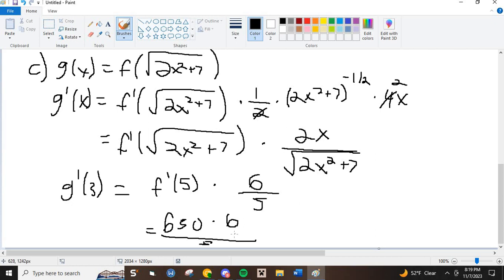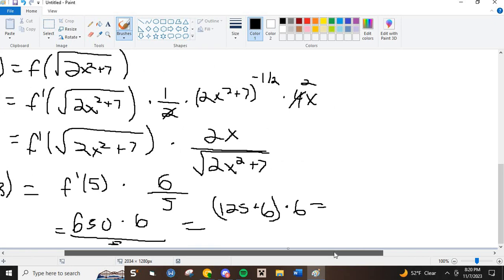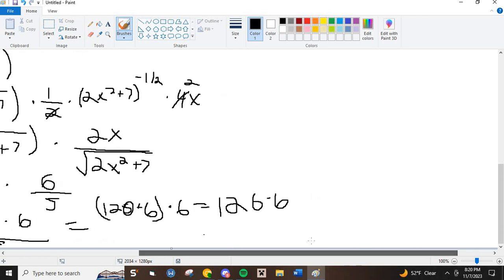Again, they don't let you use a calculator, so you're just going to have to do some arithmetic. 600 divided by 5 is just 120, and 30 divided by 5 is 6, which is 126 times 6, and then you're going to do some more arithmetic.